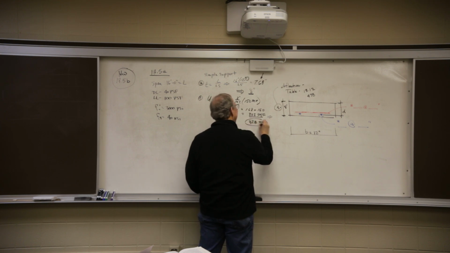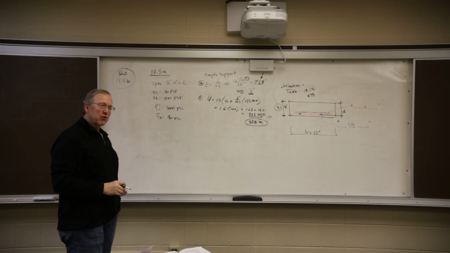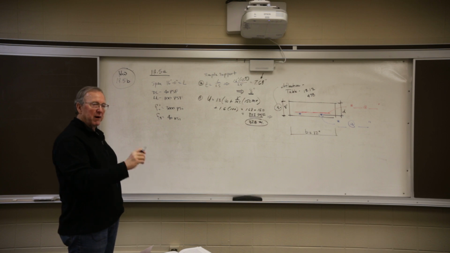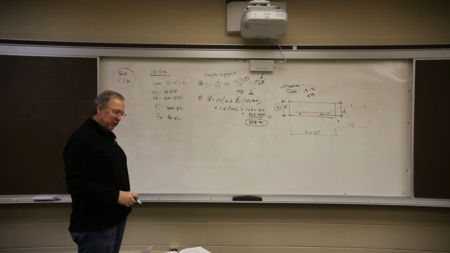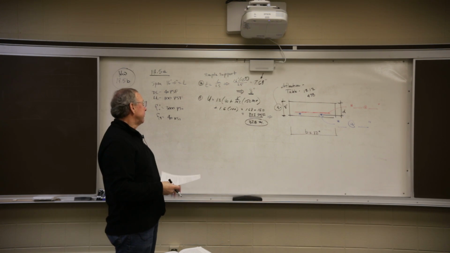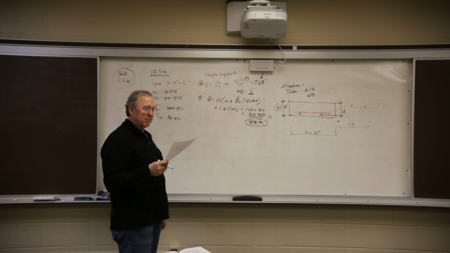The only reason I can do that is because my slab width is 12 inches or 1 foot wide, which makes pounds per square foot the same as pounds per foot. So there's my unit weight. That's what it's got to carry. It's got to carry itself. It's got to carry the superimposed dead and superimposed live.